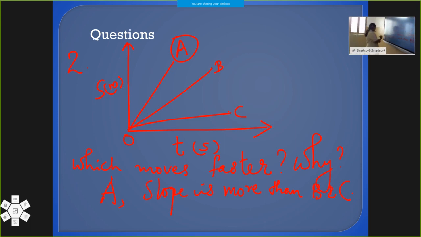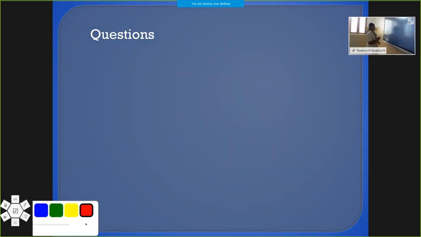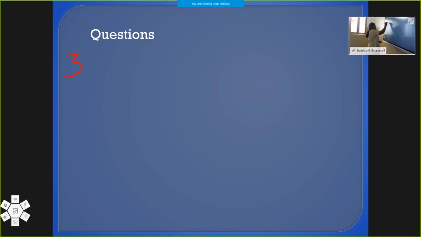One more question. Question number 3. Again I am going to give the data: time in second and distance in meter. Time is 0, 1, 2, 3 and 4.